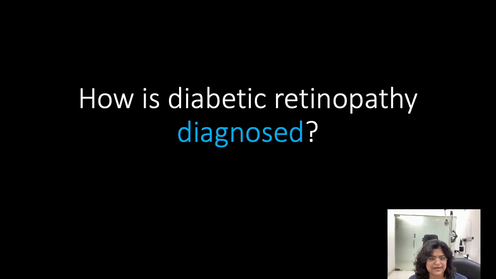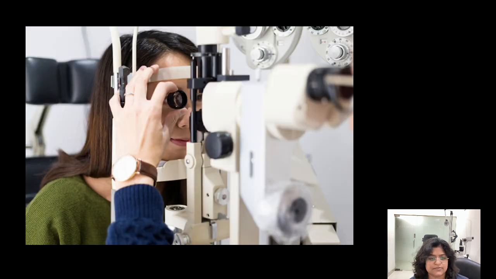How is diabetic retinopathy diagnosed? Do not assume that there are machines coming out which can pick up your diabetic retinopathy just with a picture, because there are many, many cases being missed by this AI generated images and all that. It's always better to go to a retina specialist, get a dilated retina examination with slit lamp indirect ophthalmoscopy.